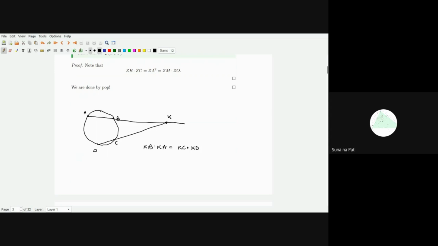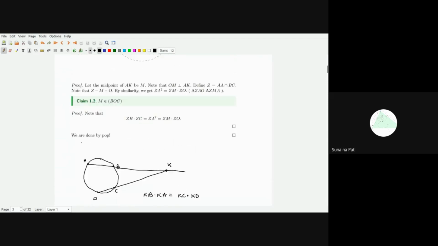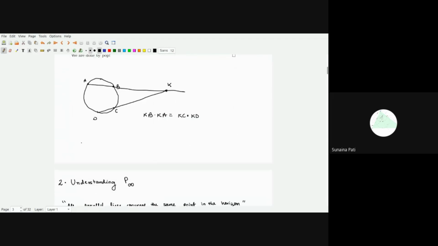And the converse of it is actually true. It's probably given in the NCERT grade 10 textbook.